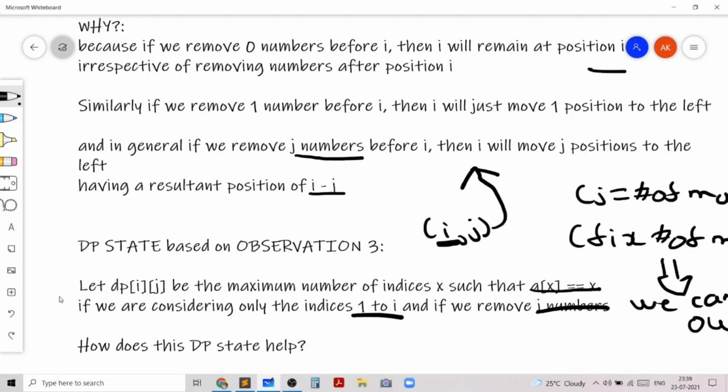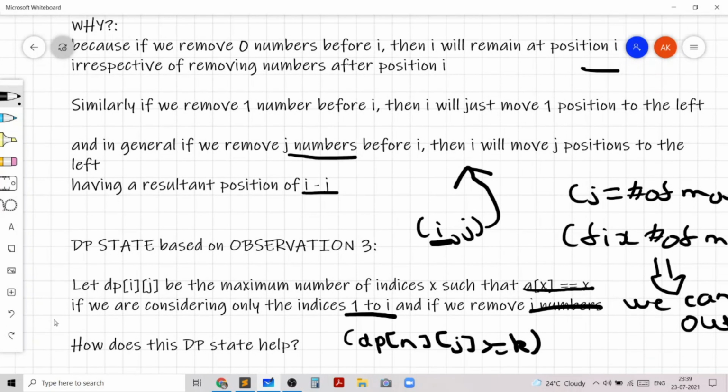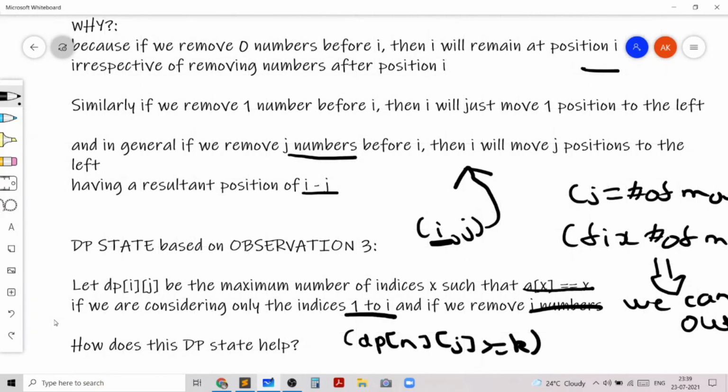And based on this DP state, we can make the following deduction. If dp[n][j] is greater than or equal to k, then we know that by removing those j numbers, we have got at least k valid indices, or k indices which satisfy the property that a[x] is equal to x.